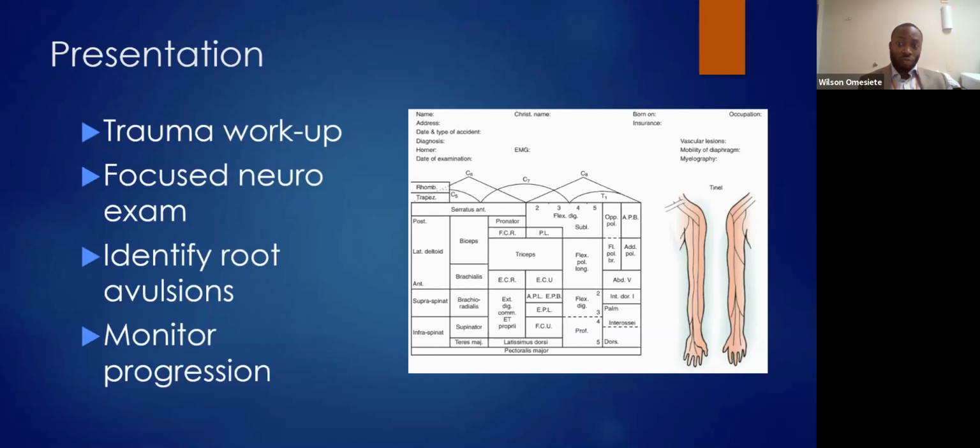Then we'll need to perform a detailed, focused neuromuscular exam to characterize the extent of injury. Remembering back to that simplified functional association of 5 roots is helpful, but you want a more structured way to document the injury as it presents and how it progresses, shown here where you're going through individual muscles to test their function. In addition to characterizing the actual injury, it helps us see how they progress over time with repeating these exams.